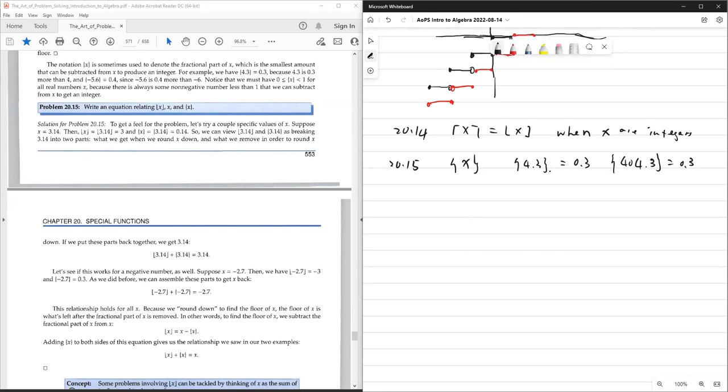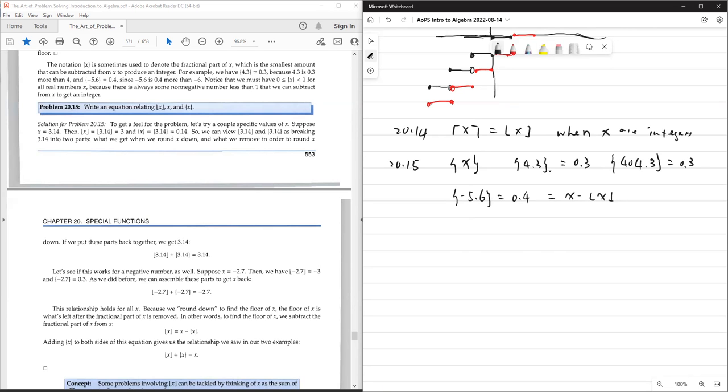And if we were to do a negative number, depending on the definition of the notation, this actually will be 0.4. How do we get to 0.4? So this equals x minus floor of x.